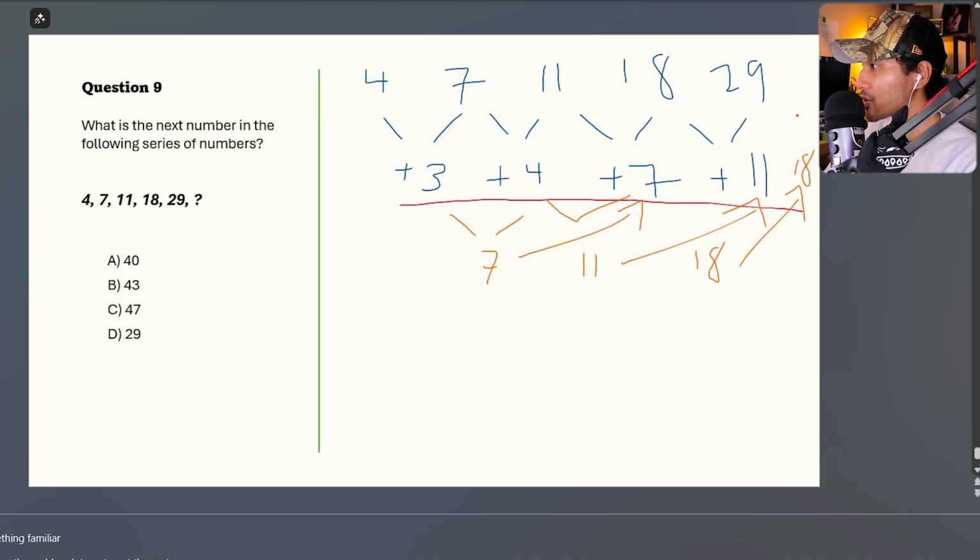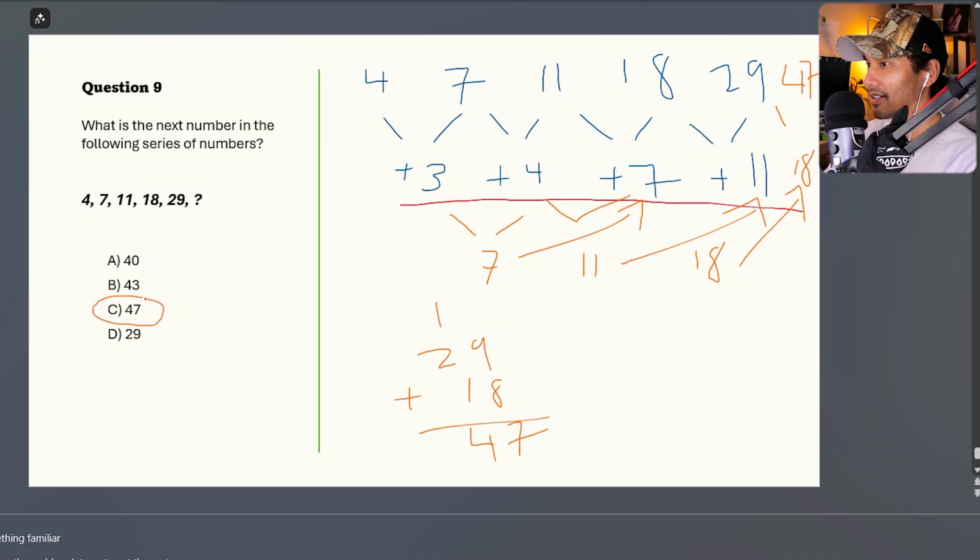And then 18 goes right here, 29 plus 18, 47. 47 is the next number in this sequence.